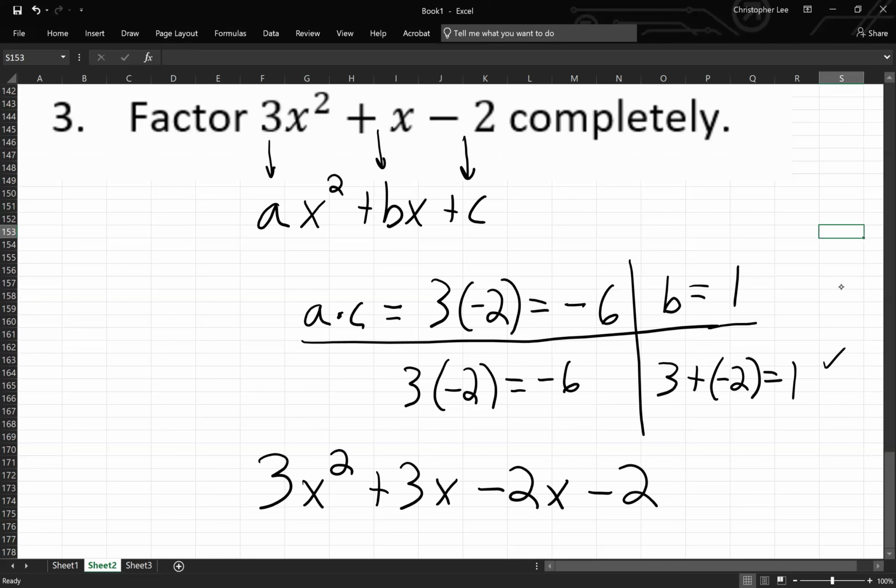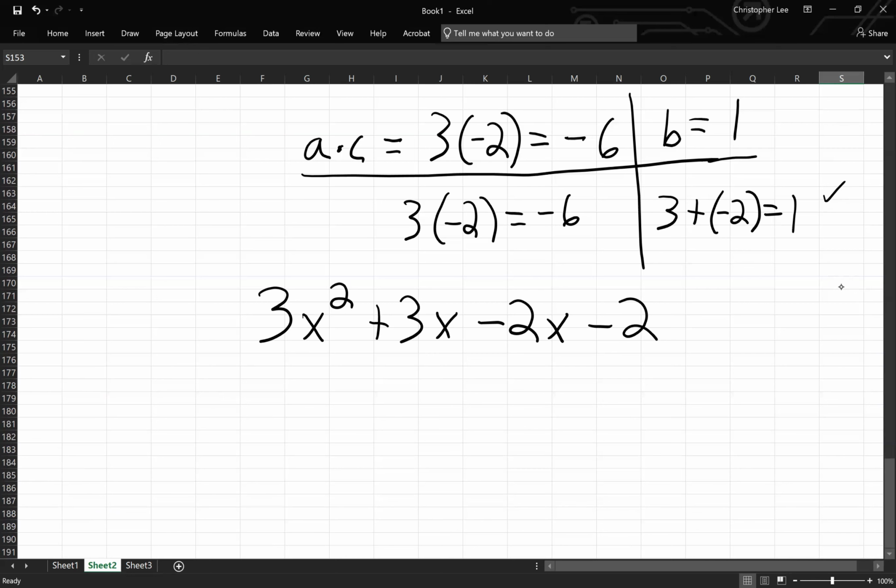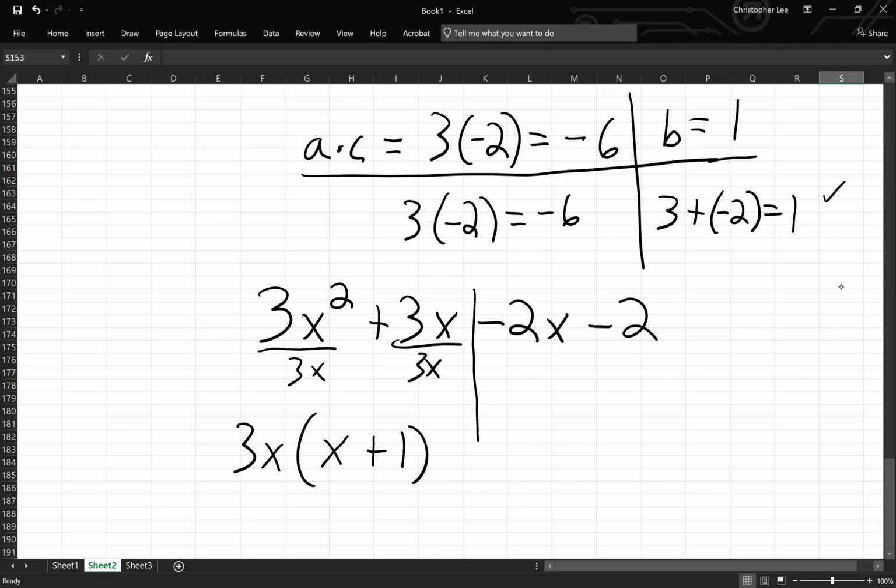Good. After that, what am I going to do? I have 1, 2, 3, 4 terms. So what comes to mind? Grouping. So I'm going to group these. On the left-hand side, which is 3x squared plus 3x, what's the greatest common factor there? 3x, very good. And what's left over? X plus 1. Very good.